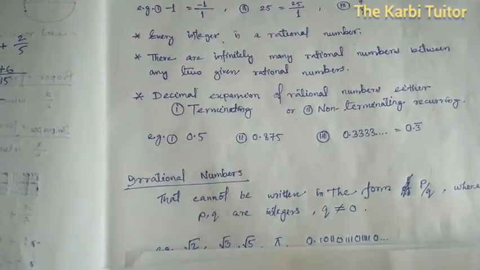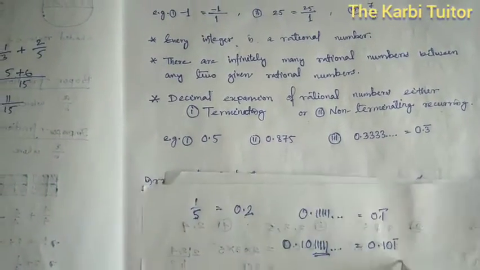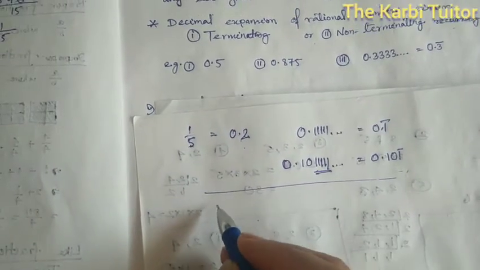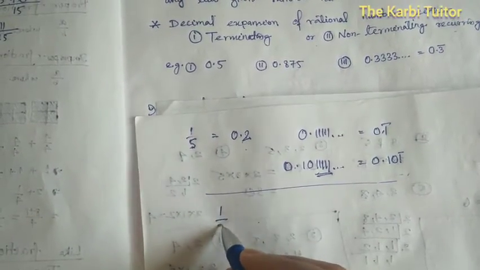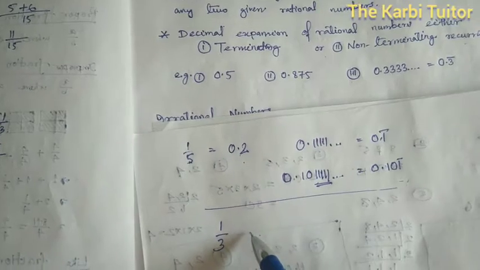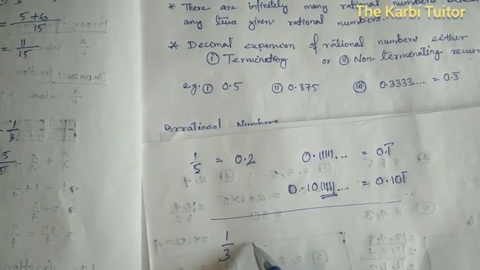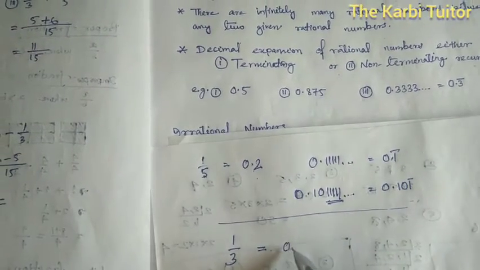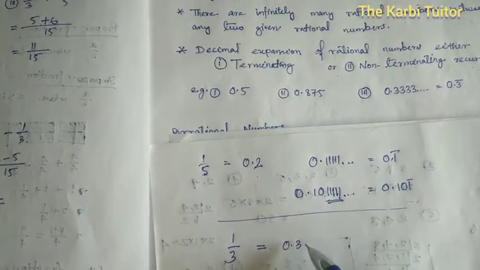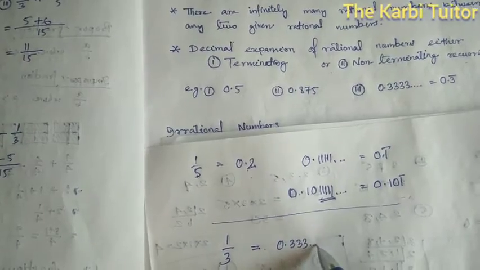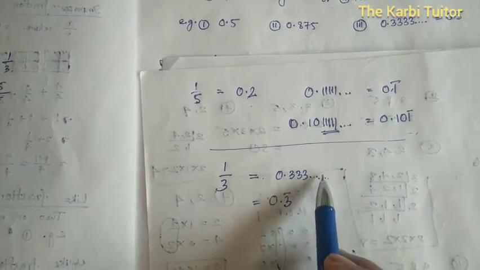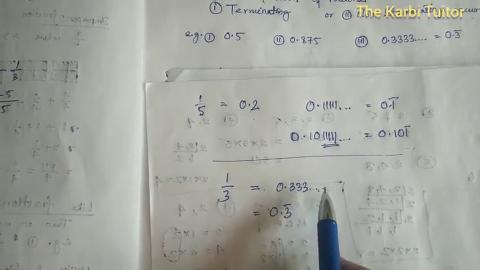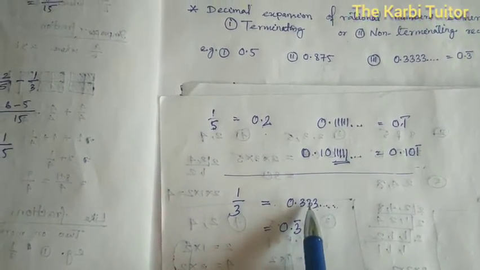So next one is non-terminating recurring. For this we can consider a rational number, suppose 1/3. If we divide this, then 1/3 is equal to 0.33333. Then this 3 is repeated. So this is non-terminating.